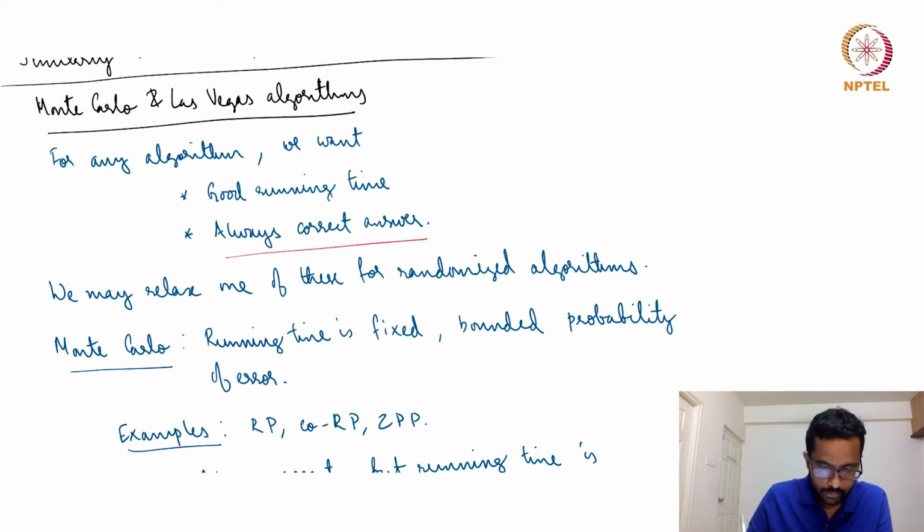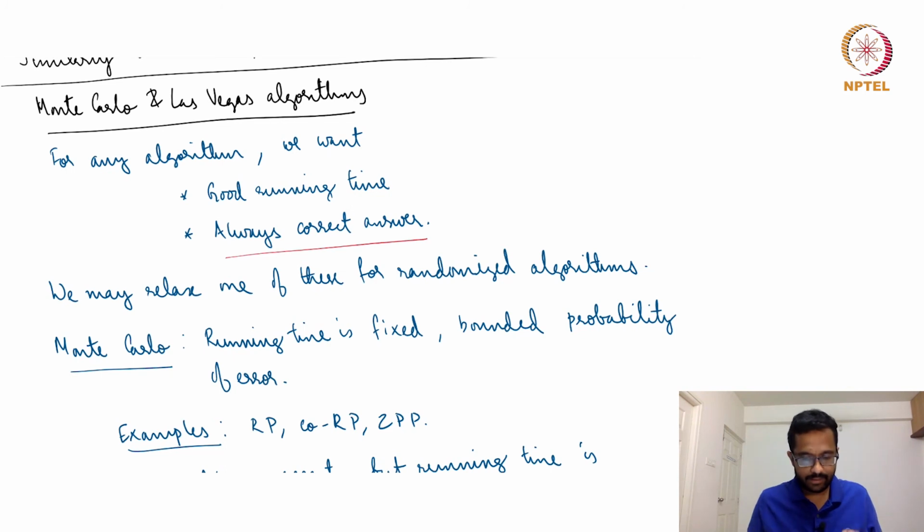So one situation is when we relax the correctness requirement but keep the running time requirement unchanged, and this is called Monte Carlo algorithm. Running time is fixed, but the probability of error we try to manage. You keep it at a fixed quantity, or you upper bound it.